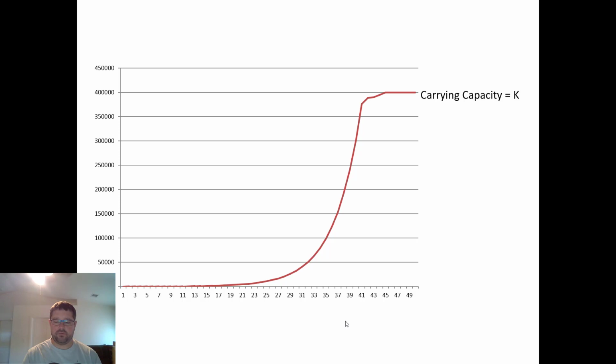Now there's always a few people that believe it doesn't matter if you have enough food, enough water, and enough space, that when you get a high enough density of individuals, disease will knock the carrying capacity down. Okay? And that may be true.